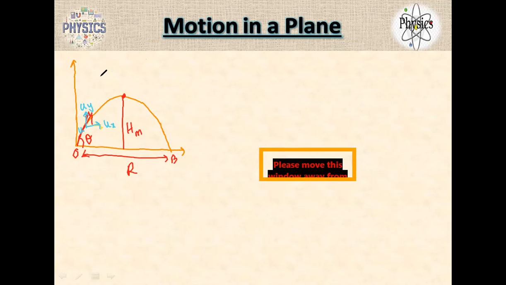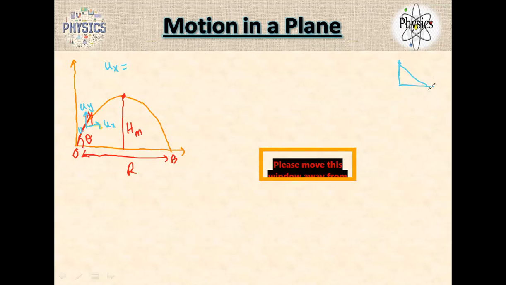Now, how do we get the UX component in terms of theta? You know the Pythagoras theorem, right? Do you know the Pythagoras theorem?